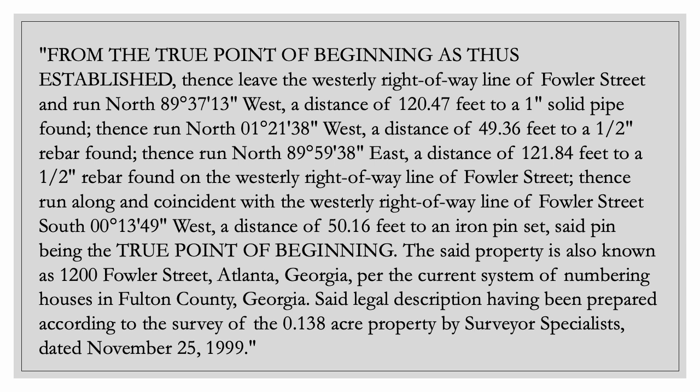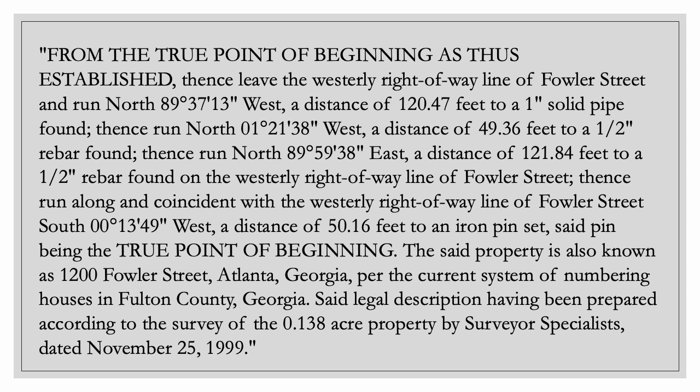Thence run along and coincident with the westerly right-of-way of Fowler Street south 0 degrees, 13 minutes, 49 seconds west, a distance of 50.16 feet to an iron pin set, and said pin being the true point of beginning. Okay.